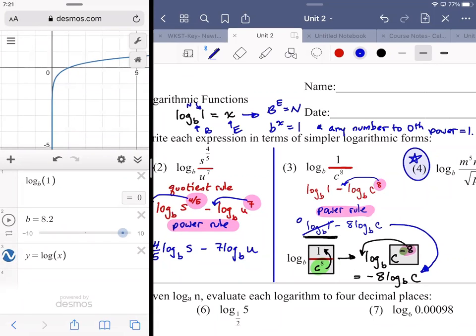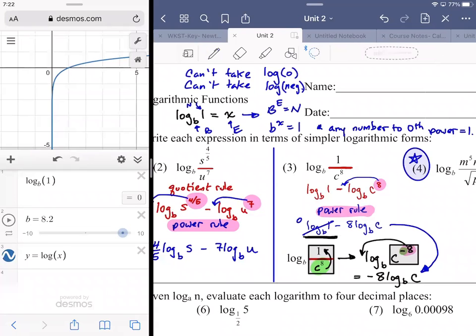You can't take the log of a negative number. Those are ironclad relationships. It's undefined when that happens. The log function just doesn't exist.